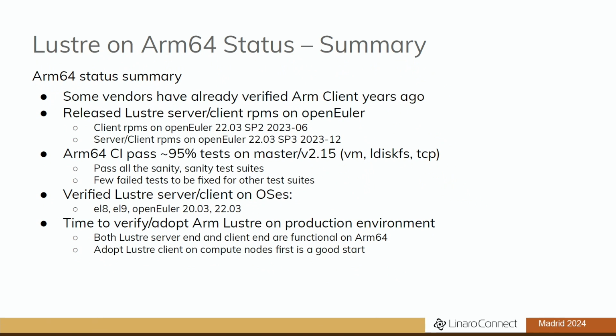And we have already released Lustre RPM on the openEuler latest LTS. And in the CI, we have passed most of the tests on the master and the latest LTS version, that is 2.15.